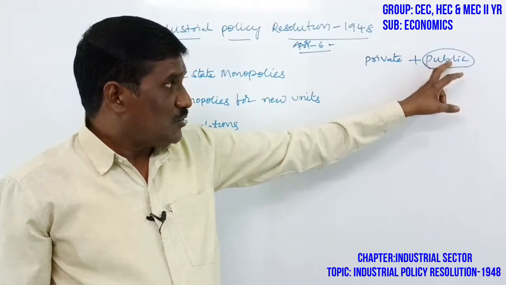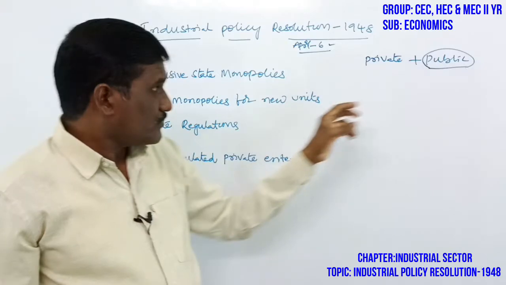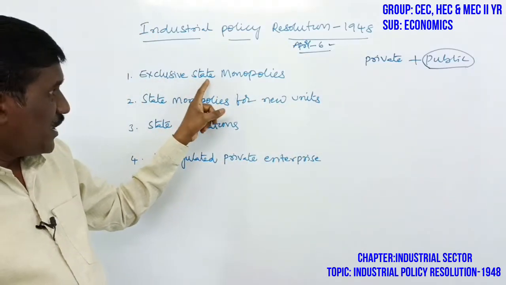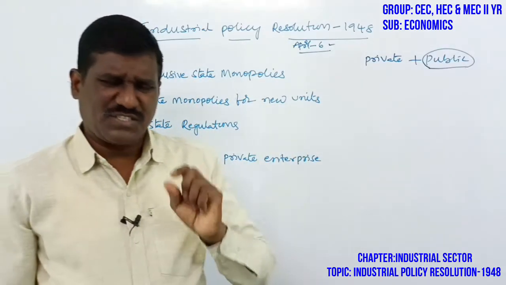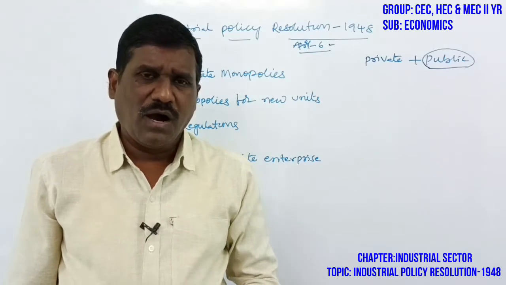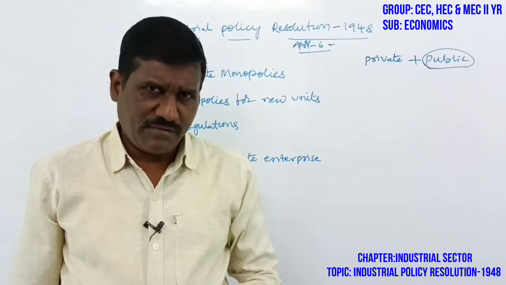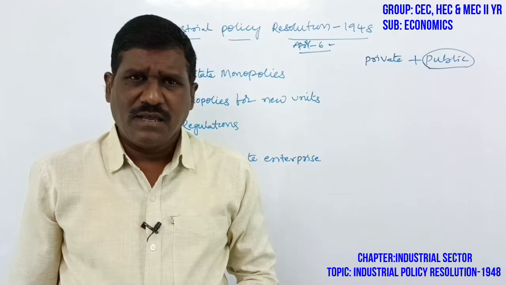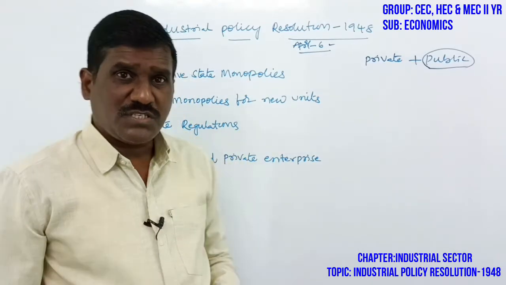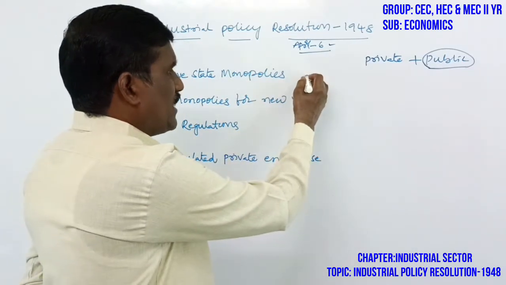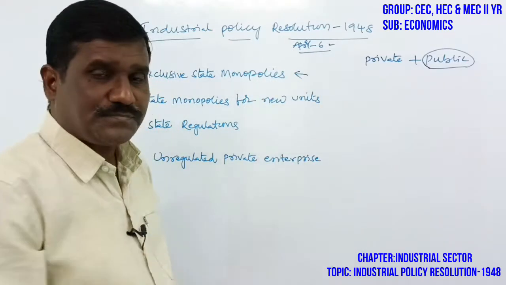Due to this public sector priority, exclusive state monopolies cover the key industries, for example arms, ammunition and railways, atomic energy. These industries come under the government sector only.